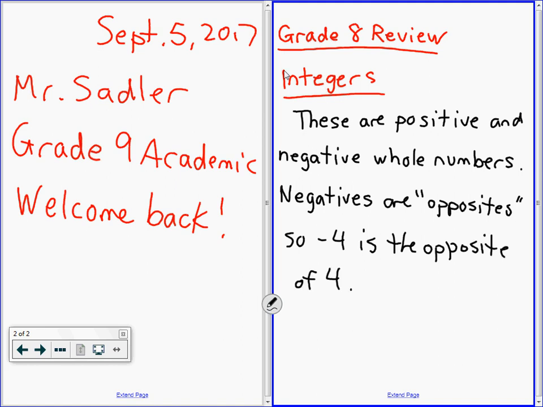Okay, so when you think of negative 4, all that means is the opposite of 4. So 4 is like if you have 4 apples, that means you have 4 of something. If you have negative 4, it means you owe 4 apples. That's the opposite. If you add those two together, Jonathan, what would 10 and negative 10, if you add them together, what would it be?